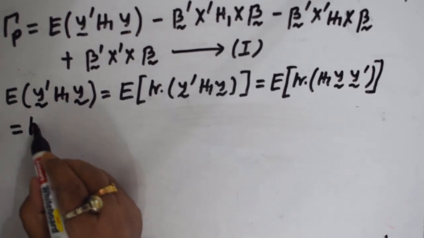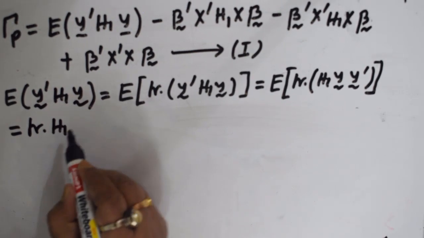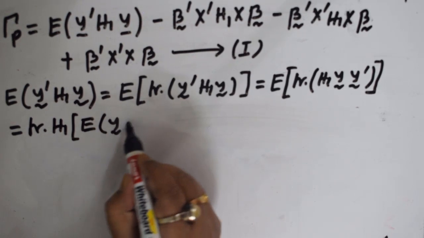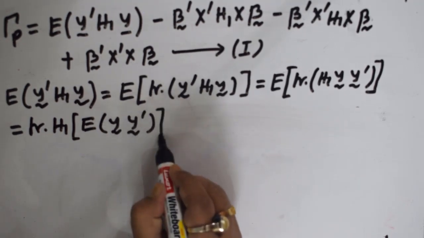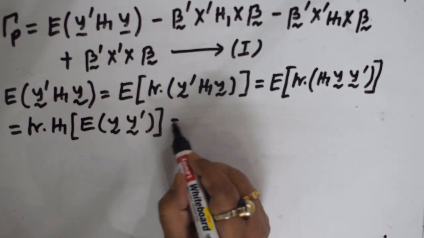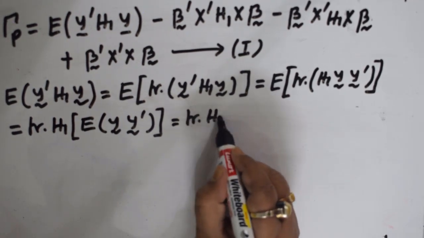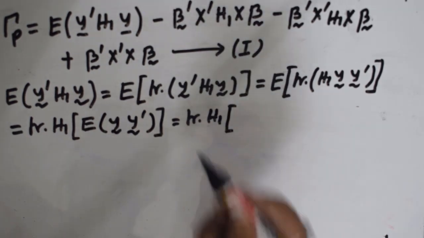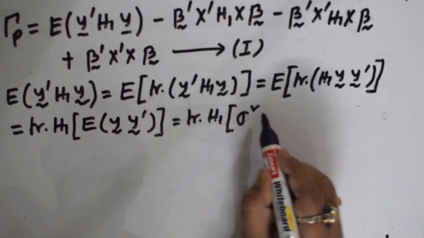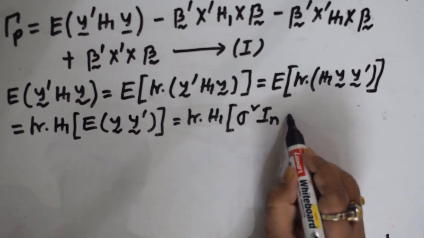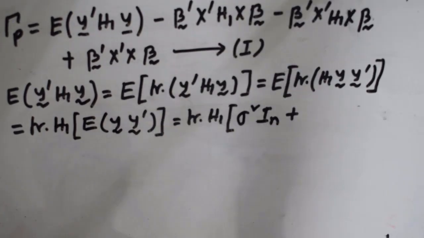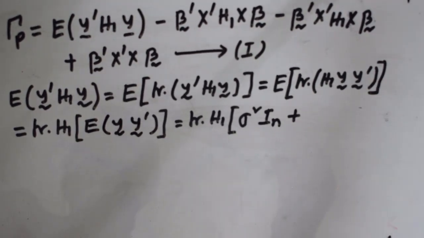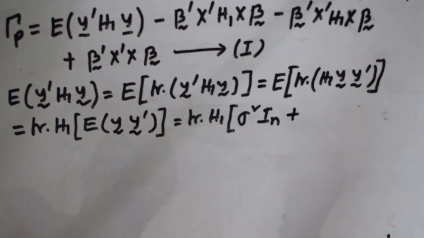Now trace of H1 expectation y curl y curl prime, so this is equal to trace of H1 dispersion of y curl, which is equal to sigma square In plus expectation of y curl into expectation of y curl prime.